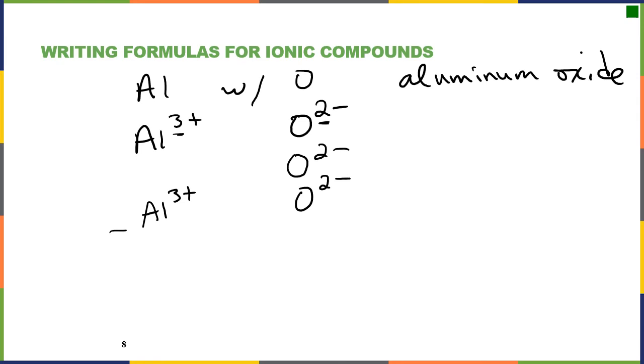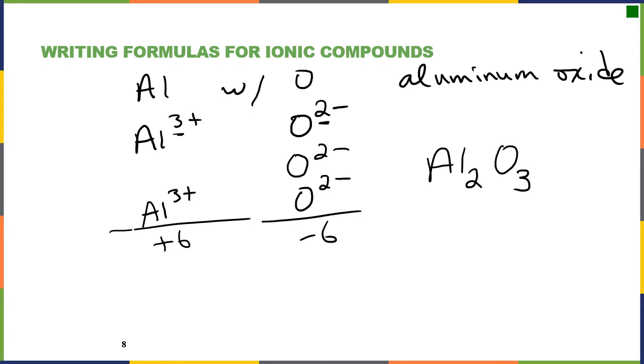And if we think about that, this is going to add up to plus 6, and this is going to add up to minus 6. And to write our formula, we have Al2O3. So when we write formulas for ionic compounds, we need to get the nice, clean, simplest ratio for electrical neutrality, such that these guys add to 0.